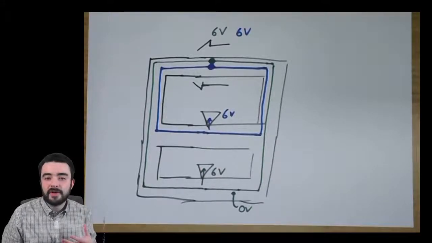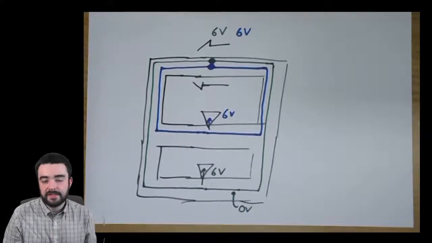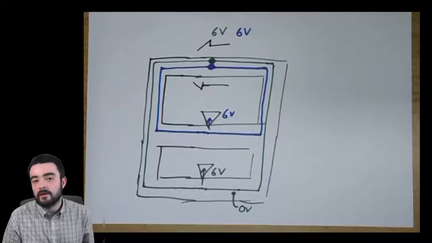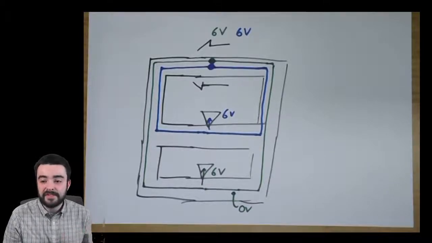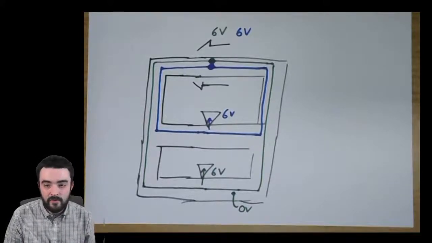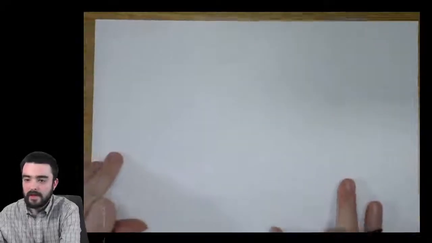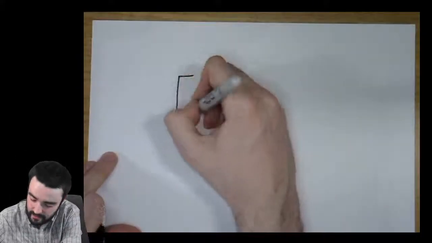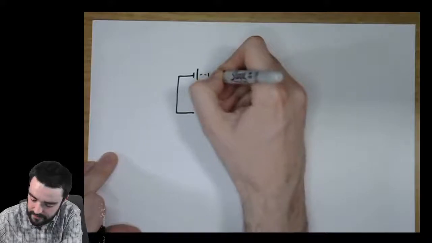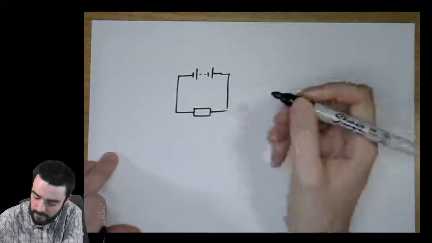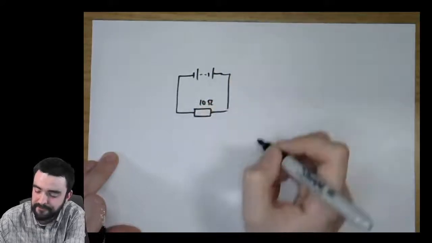Now, you don't have to actually calculate how resistance works in a parallel circuit. The only thing you need to know is that the resistance is going to decrease if you add in a branch. So, let's go to a new sheet. If we had a circuit like this, okay, let's call that 10 ohms.